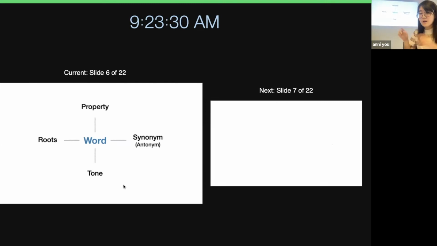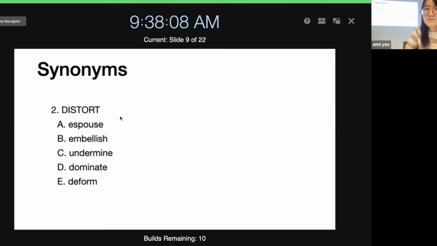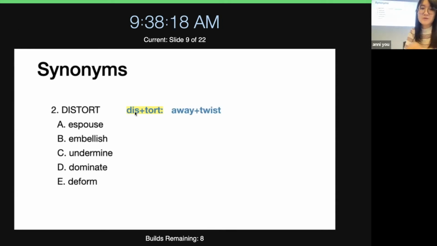So the 4 perspectives, or the 4 angles, are the important things you need to learn when you add this and toward, right? Because that is a typical prefix, dis and tort. This here means away or off, a negative prefix, and tort here means twist, because they look the same.